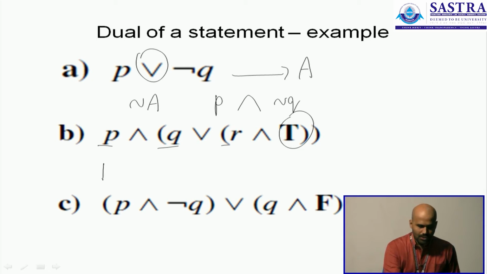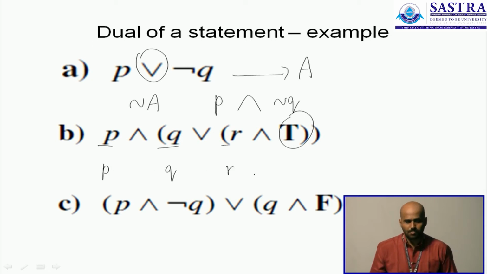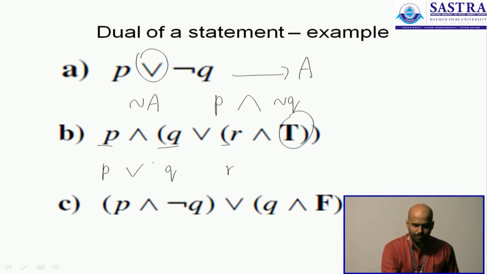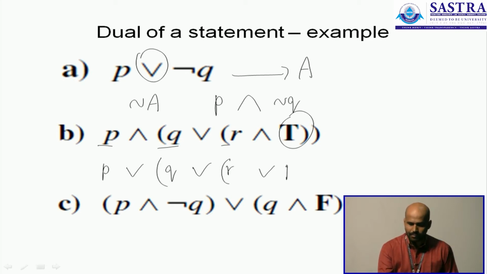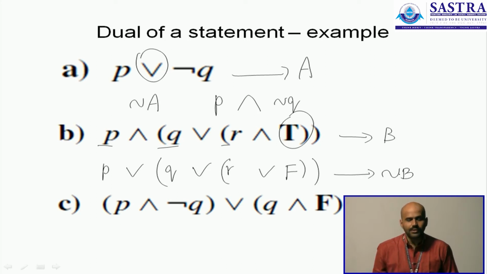We will write down the simple statements as they are and flip the connectives. Include the brackets, replace the T by an F, and close the brackets. So if I call the given statement B, its dual will look like this. P, Q and R remain as they are. Every conjunction becomes a disjunction, and vice versa.